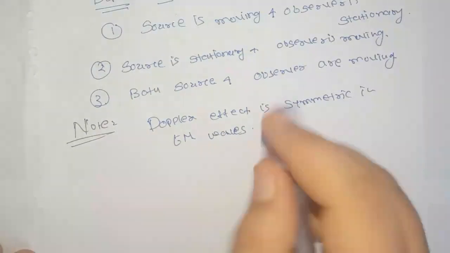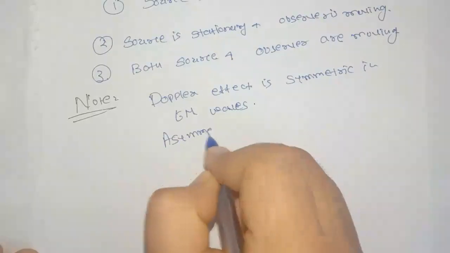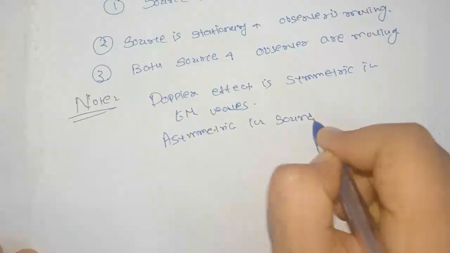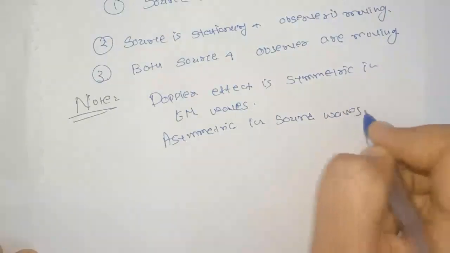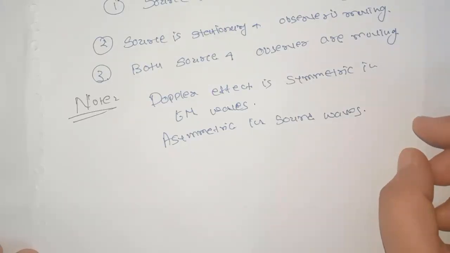But they are asymmetric in sound waves. Therefore, we observe that the frequency of sound when the observer is at rest and source is moving is different from when the observer is moving and source is at rest.